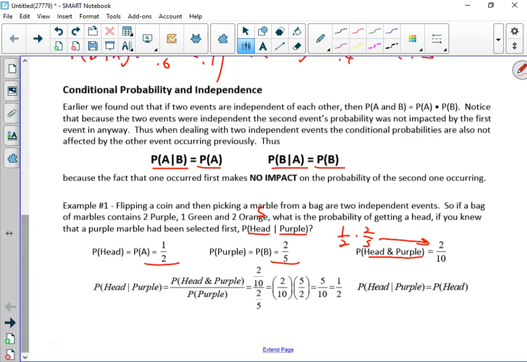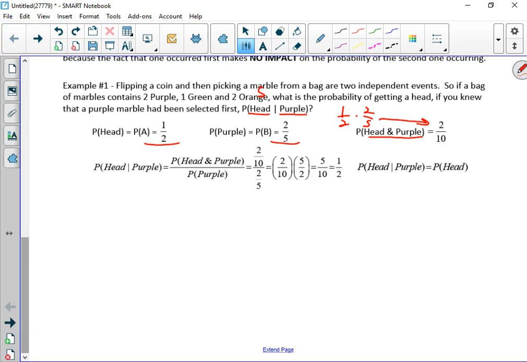So mathematically, what we have to do is take the 2/10, head and purple, divided by the given, which is purple, which is 2/5 on the bottom. So that's where we have 2/10 divided by 2/5.